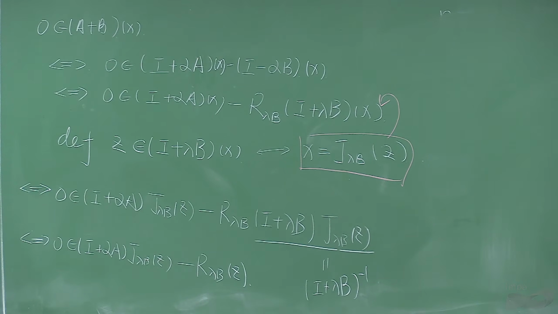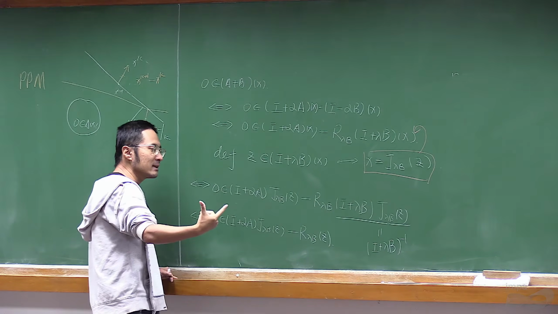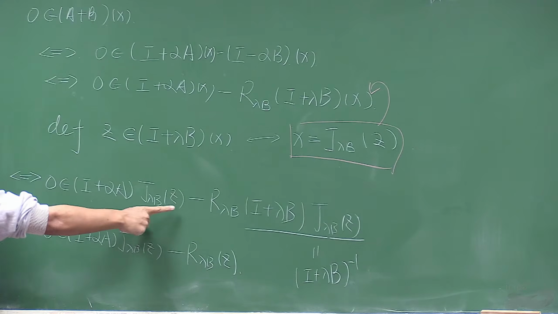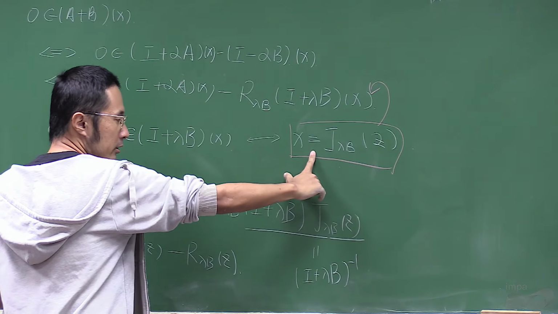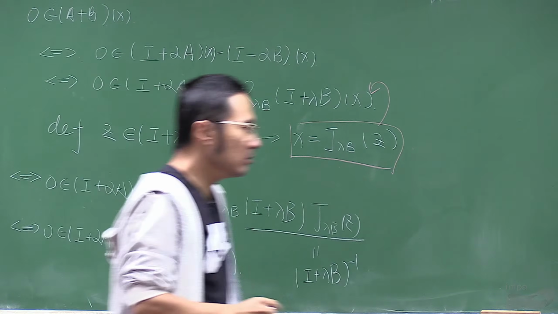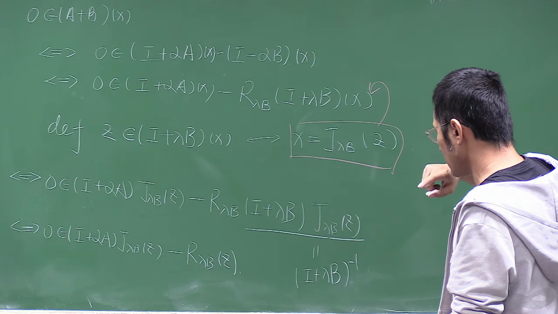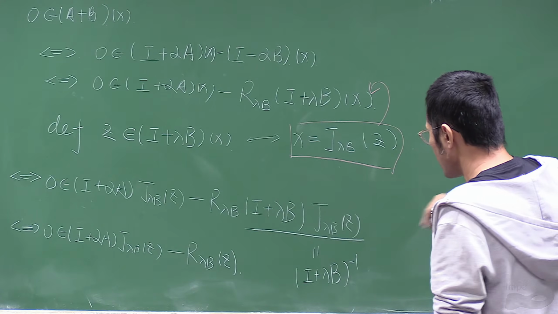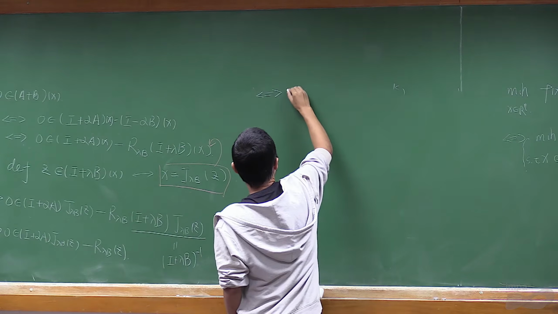And we need to say that in this inclusion there is no x anymore. This inclusion is related to the variable z. z is related to x, and z is defined by this equality. So we put the resolvent on the other side.